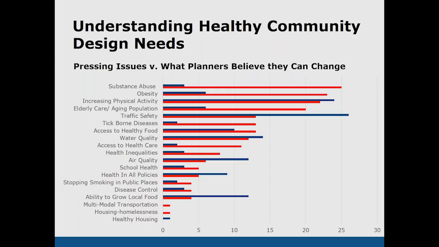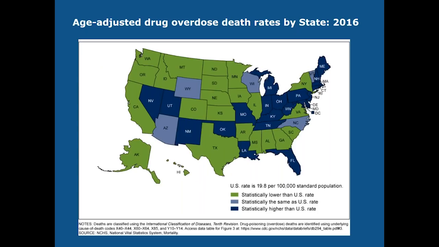So I know motor vehicle crashes are something that planners actively work hard to help eliminate through Vision Zero programs and the like. But remember that almost double the amount of people are dying from drug overdose right now.